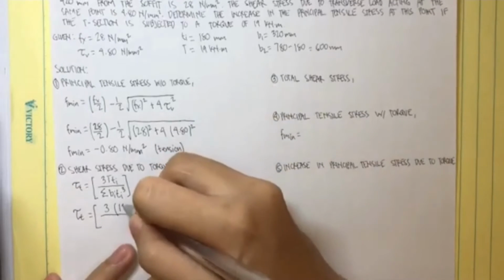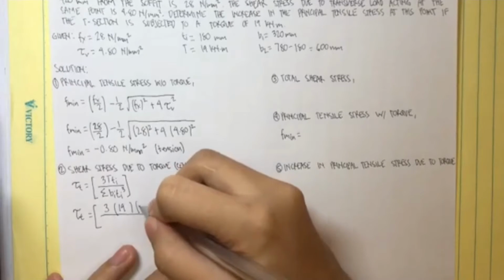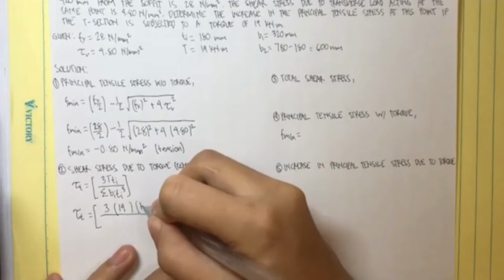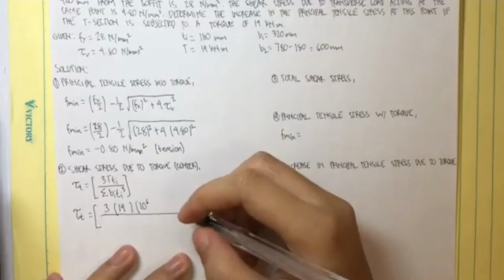19 times 10 raised to 6 itong torque kasi naka siya kilonewton meter.